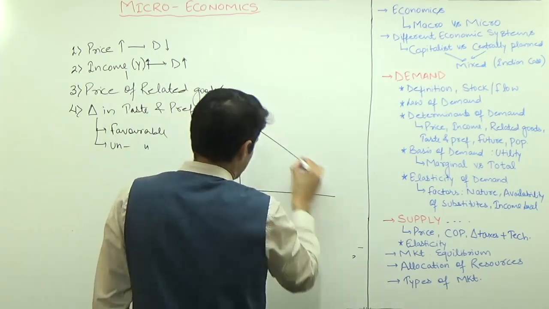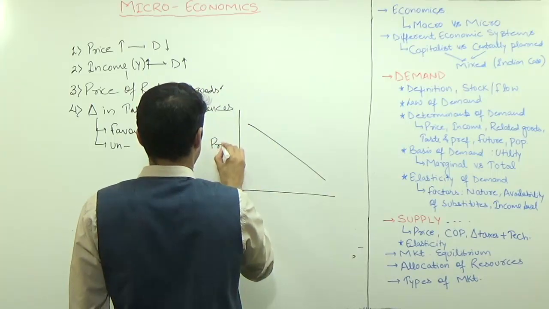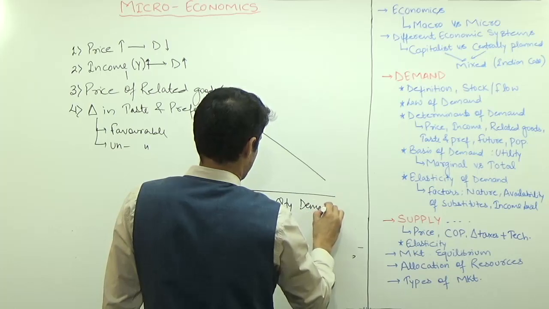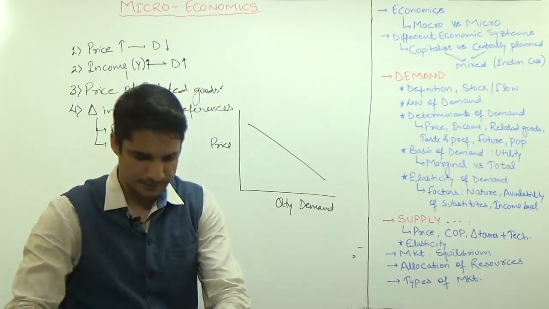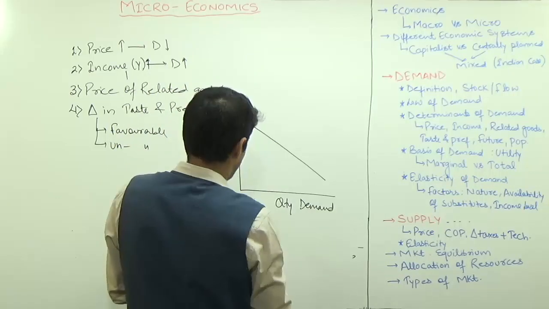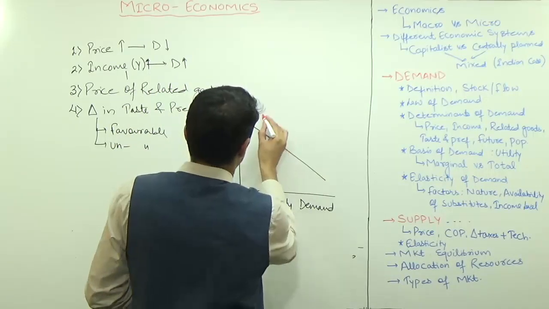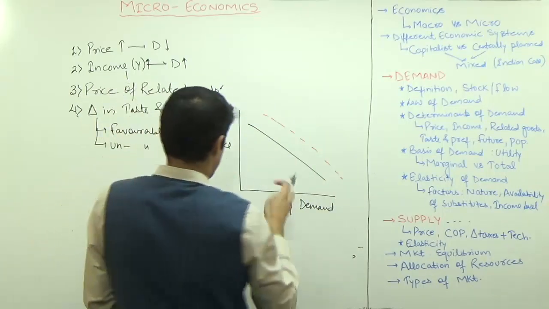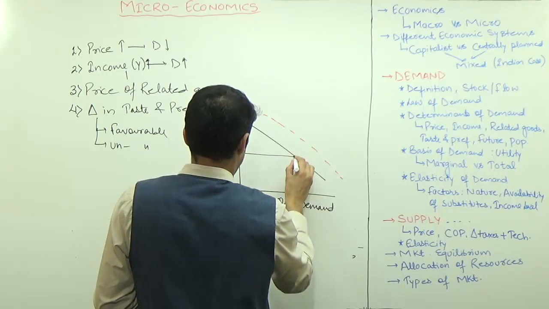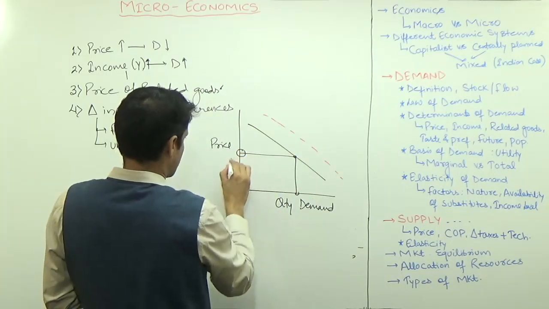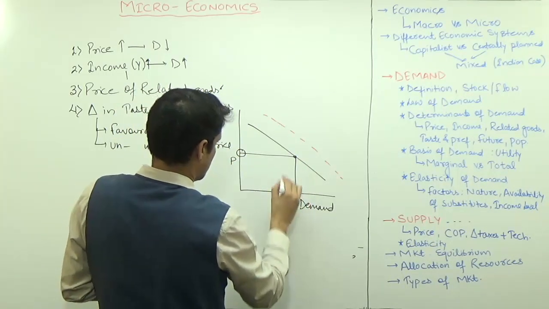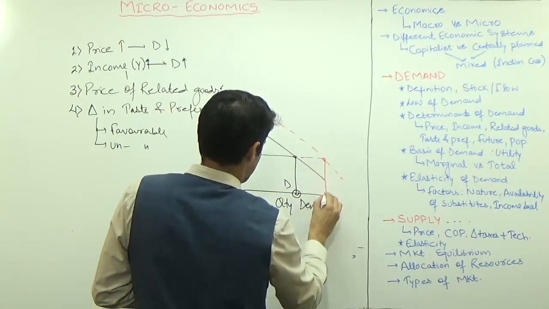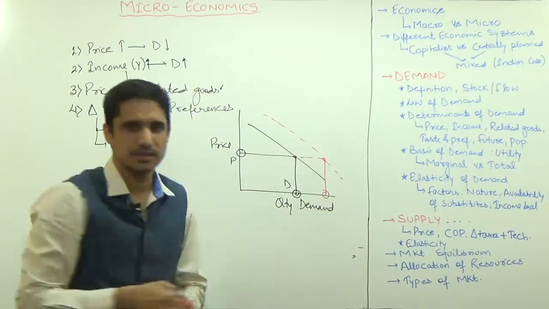So it is like, this is what the demand curve is, this is the price, so there is a rightward shift if it is a favorable shift. So suppose earlier this was the price and this was the demand. So now when this curve has been shifted, it is like this. This is the new demand and the price is the same.